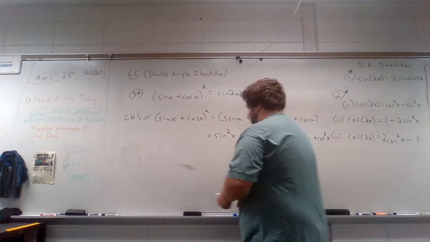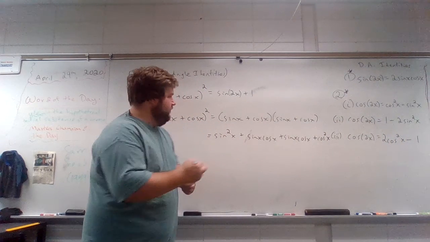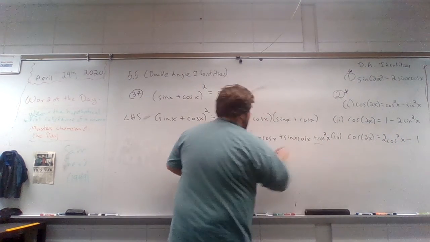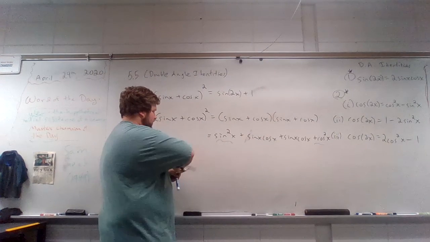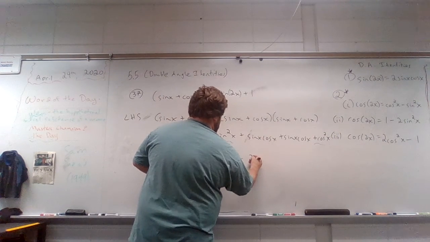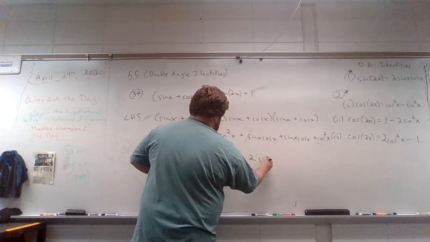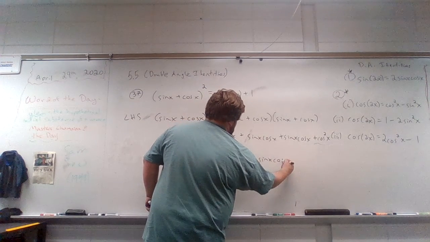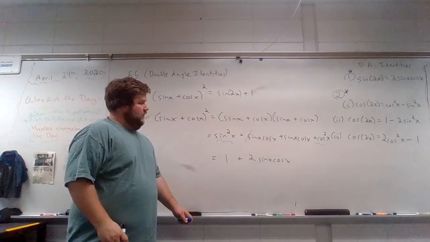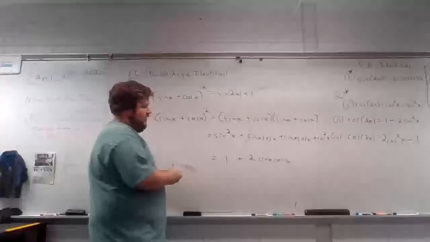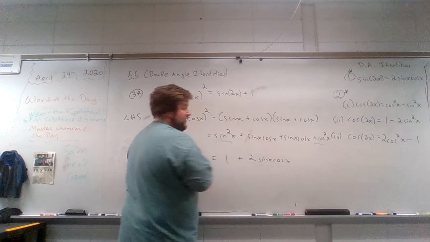So you might notice that last part, the sine squared and the cosine squared make a 1. So I really just have 1 plus 2 sine x cosine x. I add those like terms. And then, of course, this guy right here, the 2 sine x cosine x is sine of 2x.